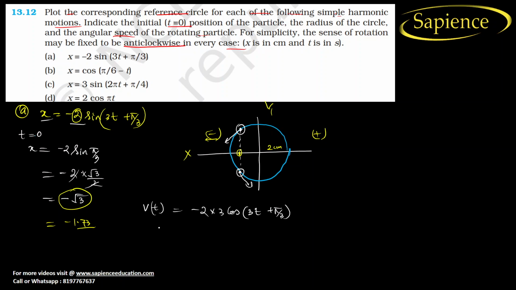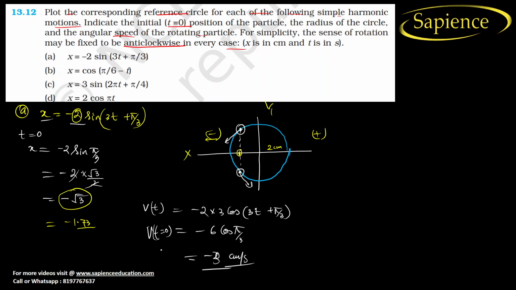Now at time t equal to 0, if we put that in, we get minus 6 cos pi by 3. Cos pi by 3 means cos 60, which is half. So this will be minus 3 centimeter per second. So it is negative.